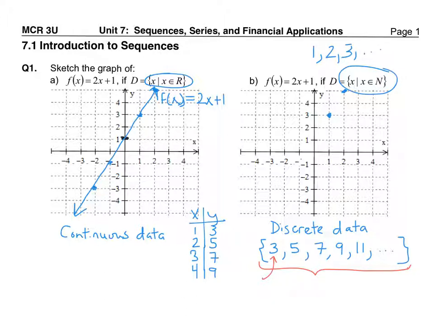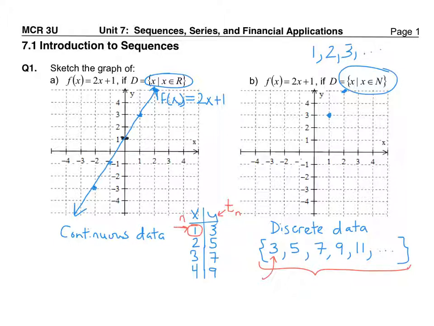And this is our term number here. Sometimes we use the letter n to represent the term number, and this is the actual value of the term. So this would be term n in general here.